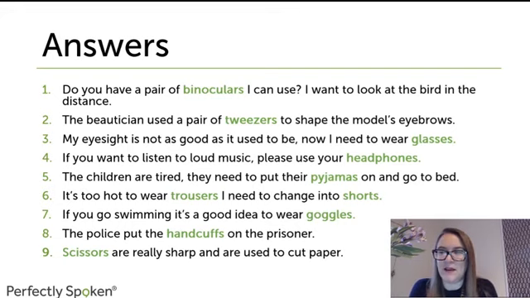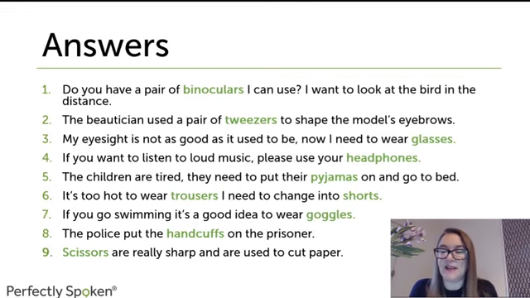Number 3, my eyesight is not as good as it used to be. Now I need to wear glasses. Number 4, if you want to listen to loud music, please use your headphones. Number 5, the children are tired. They need to put their pajamas on and go to bed.